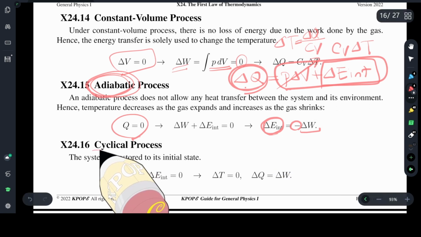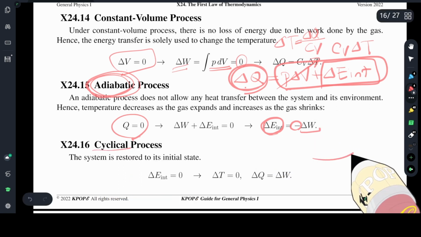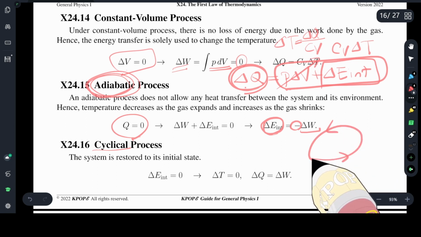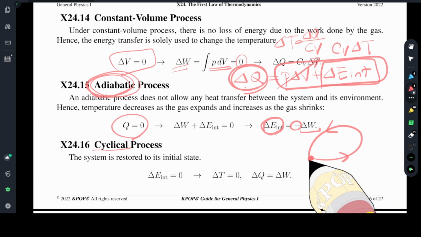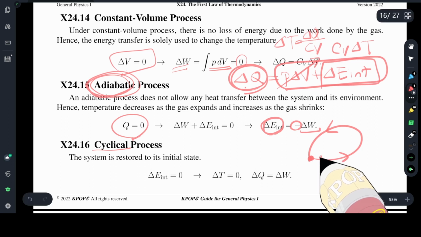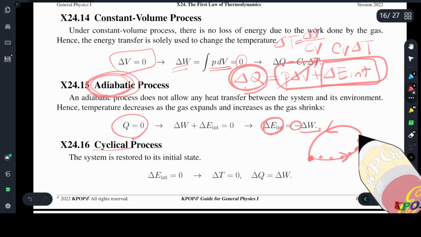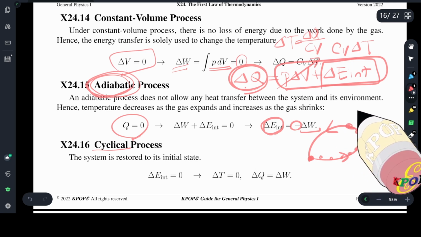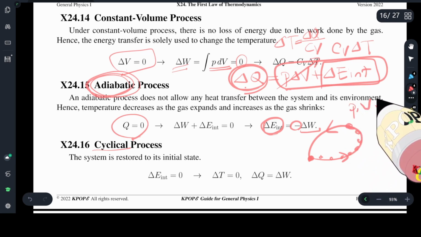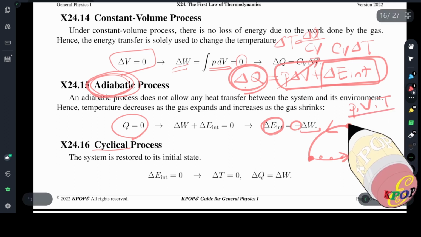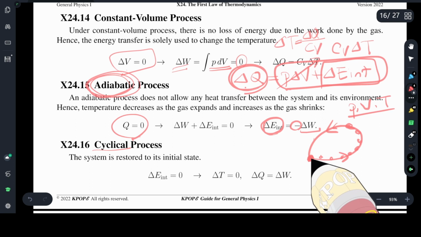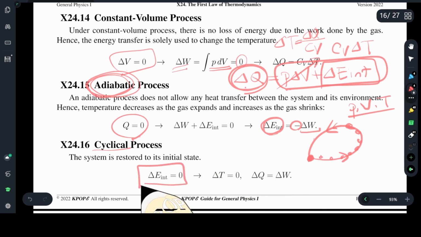Next, we consider the cyclical process. It makes a single cycle and returns to the same point. During this process, everything is in thermal equilibrium and every state is well defined, and well defined means we know everything: pressure, volume, and temperature. So when it returns, temperature is the same and volume is the same.